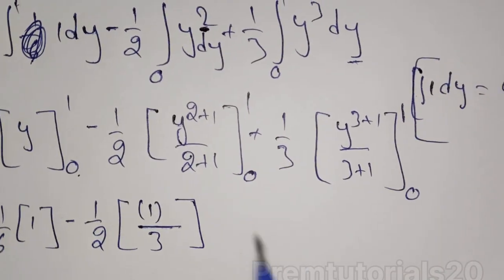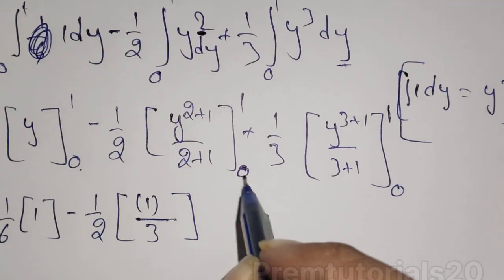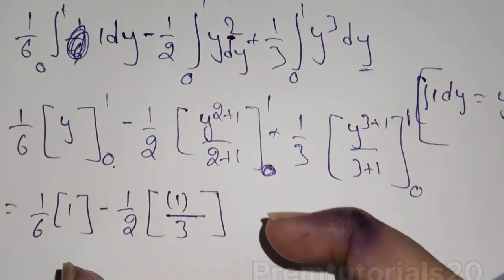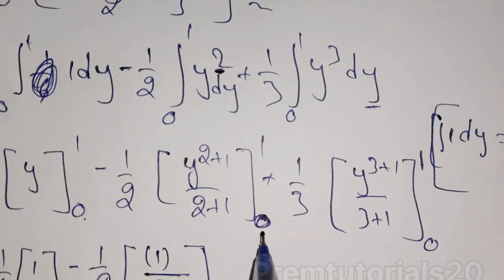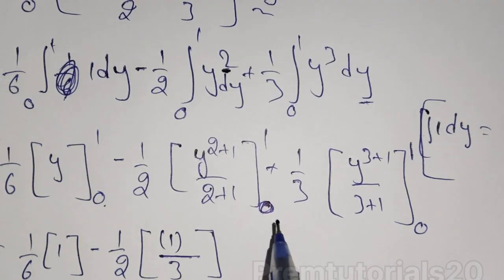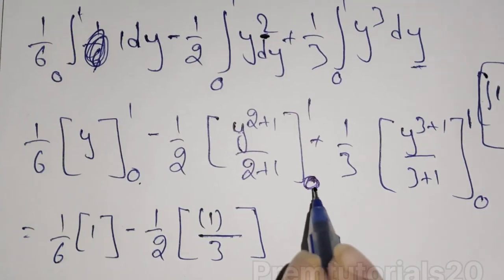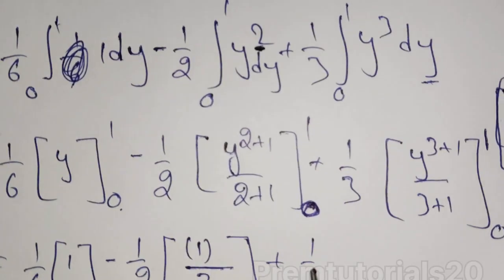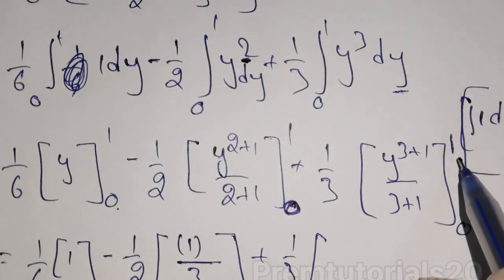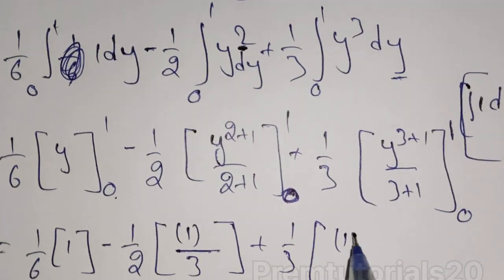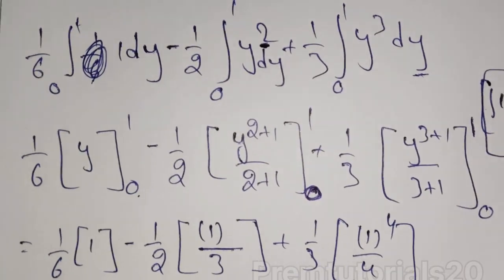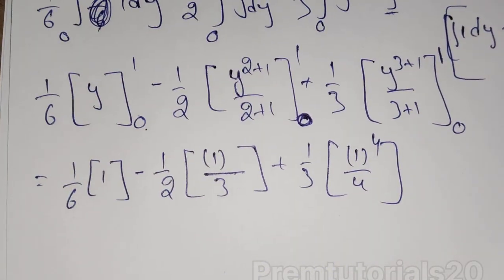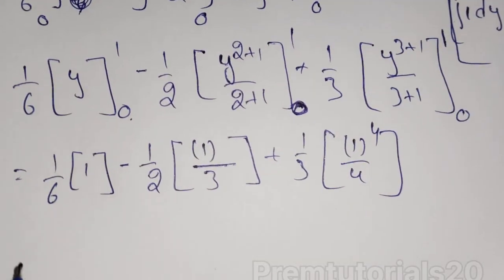For this problem, no need to substitute the lower boundary because 0 into anything is 0. Now what we get? 1 by 3. And what is the upper boundary here? 1 power 4 by 4. So after substituting upper boundaries and lower boundaries, the total value becomes this.